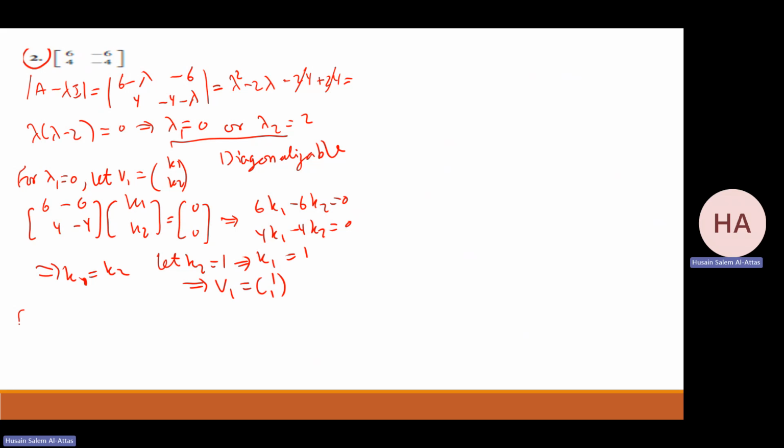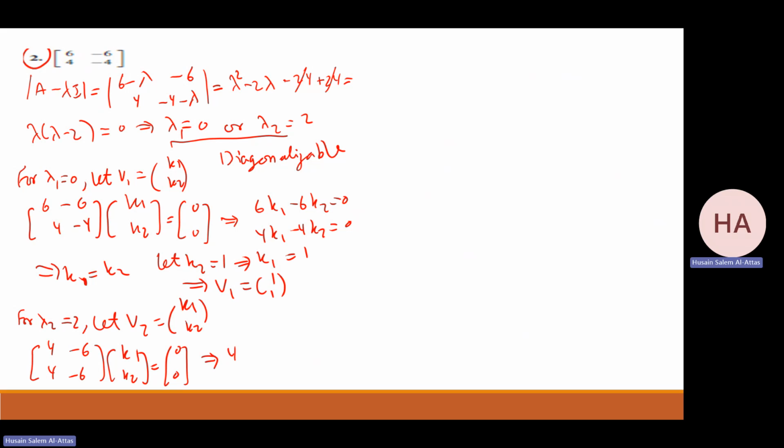Now for lambda 2 equals 2, I let V2 be K1, K2. So I have the system: with lambda 2 equals 2, it will be 4, minus 6, times K1, K2.